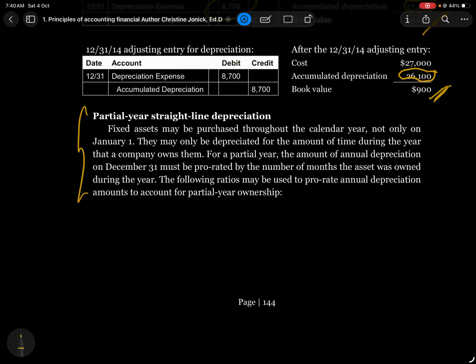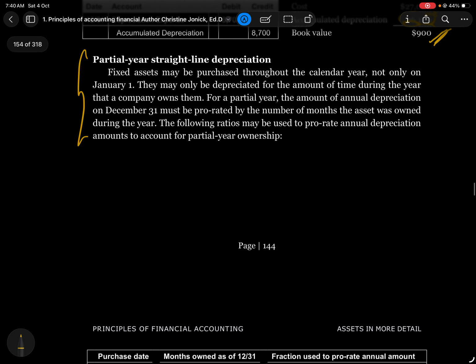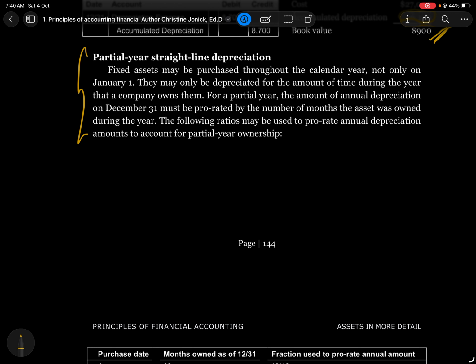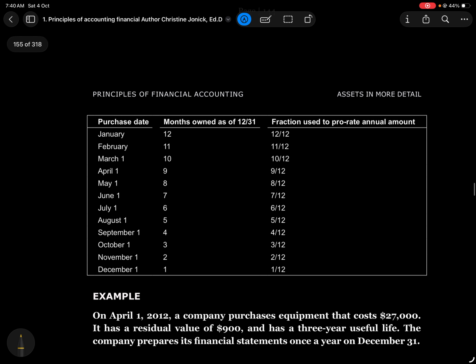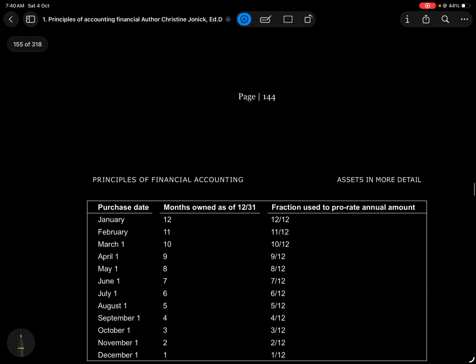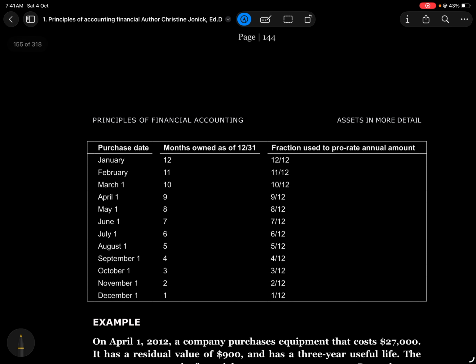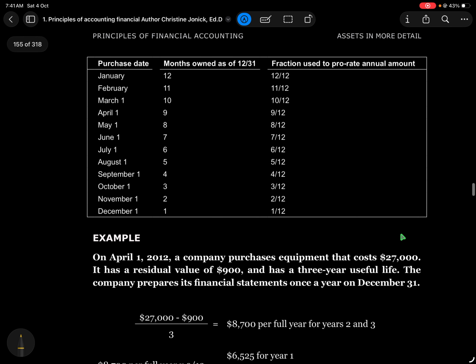So fixed assets can be purchased across the calendar year, not only on 1st January, right? So in that scenario, we will use prorated number of months, right?